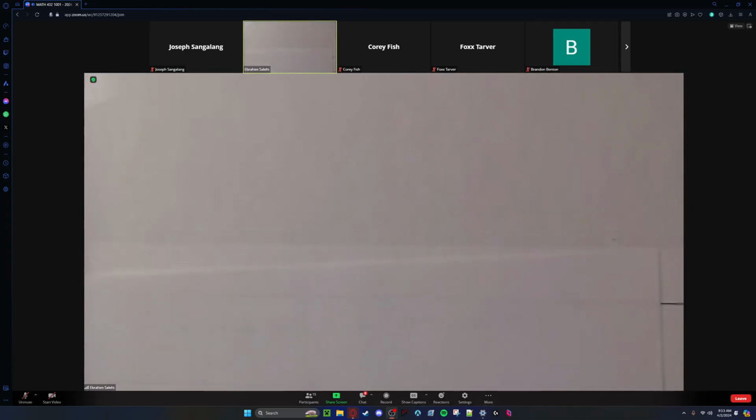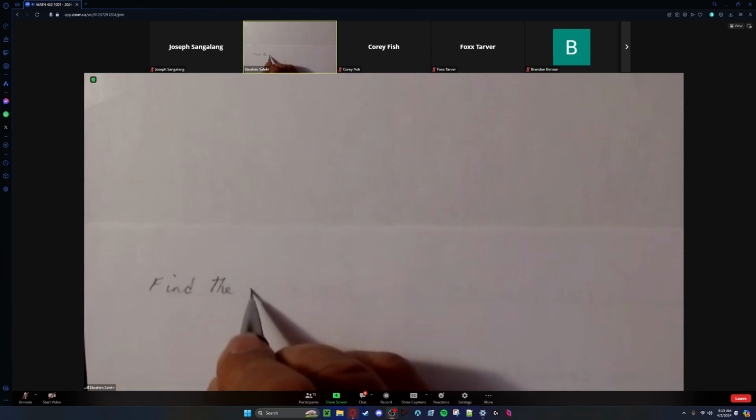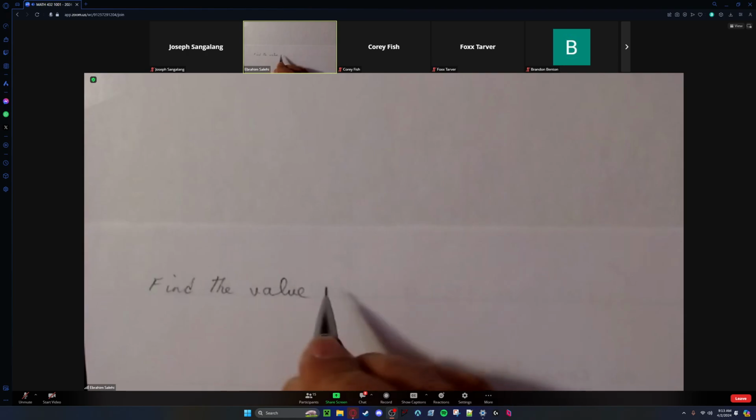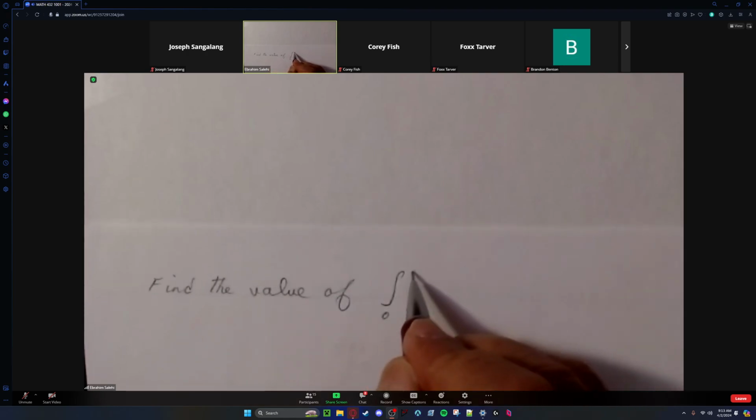And here is an example. Let's find the value of this integral, from 0 to infinity.